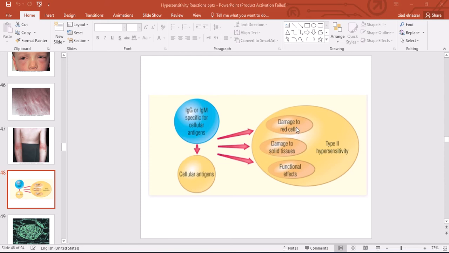So here it says damage. If the cell is a red blood cell, then immune hemolysis is going to take place. If the antibody binds to a solid tissue, then that tissue is going to be destroyed.